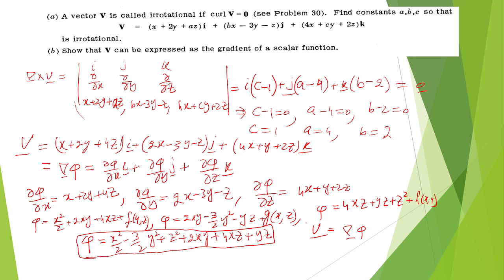Now this function V is irrotational, and it can be represented as grad phi, a conservative field.